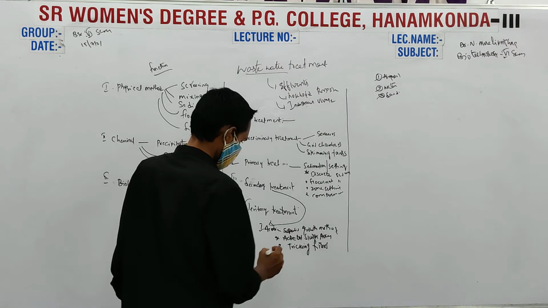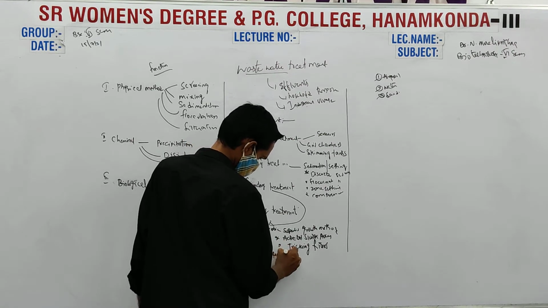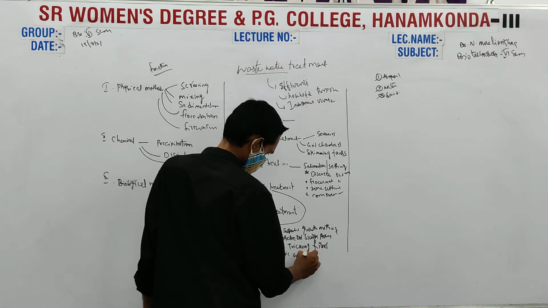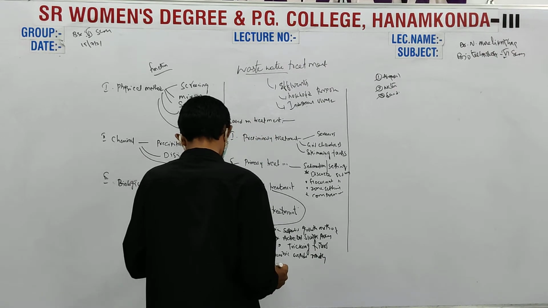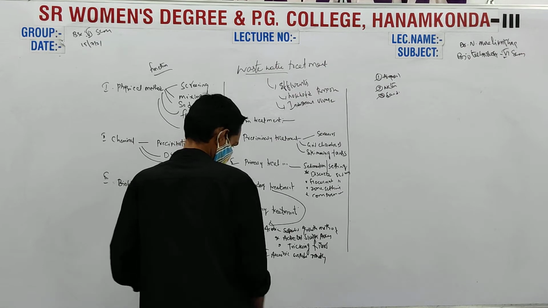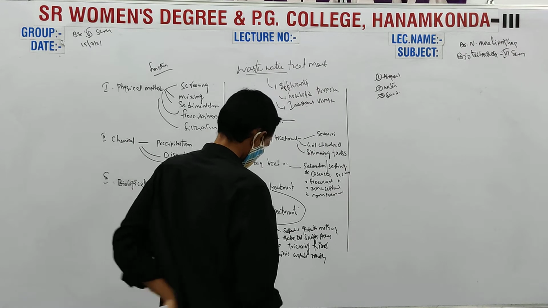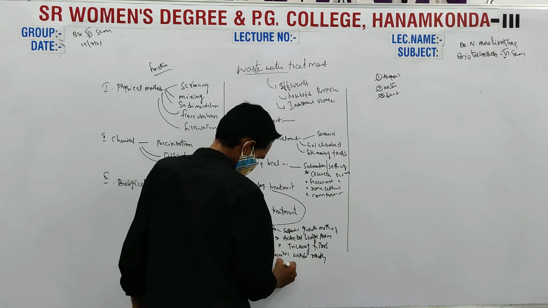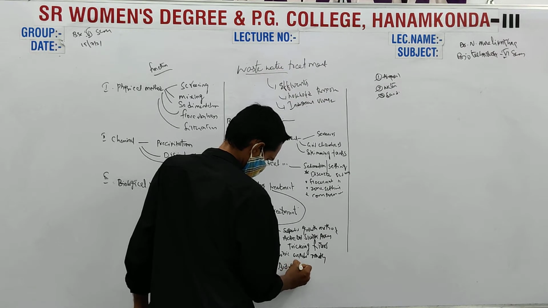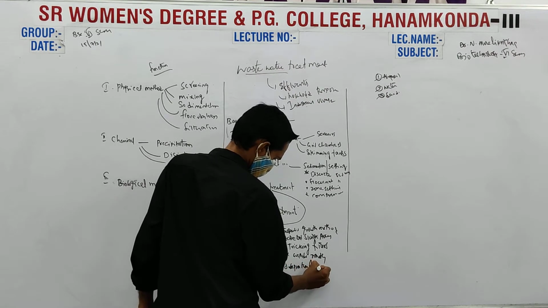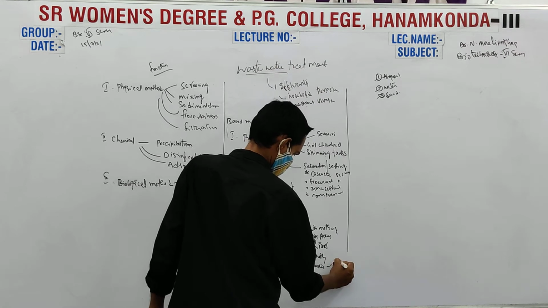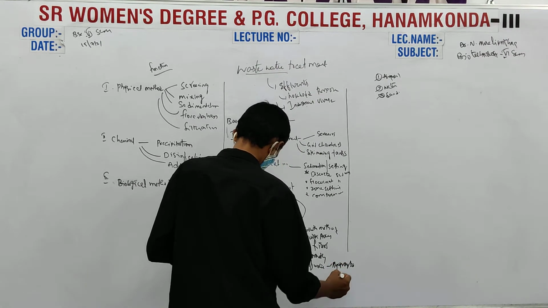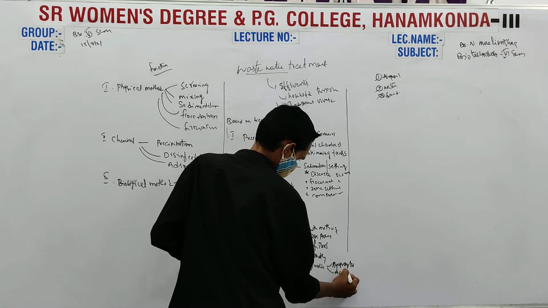The second one is anaerobic suspended growth, for which the example is biodegradation of waste, which has different steps: hydrolysis, acidogenesis and methanogenesis.